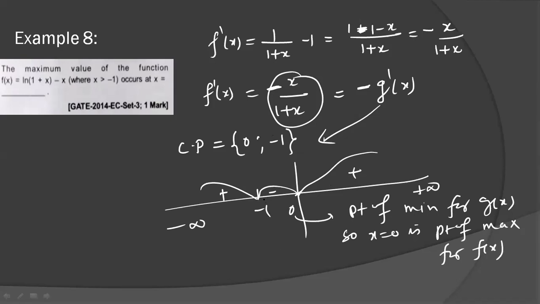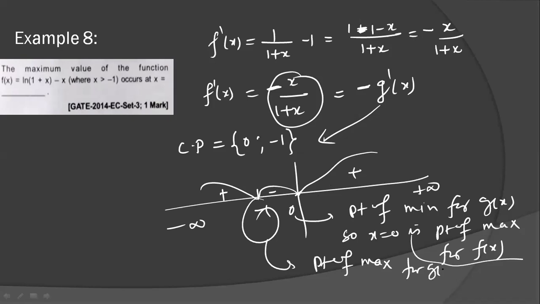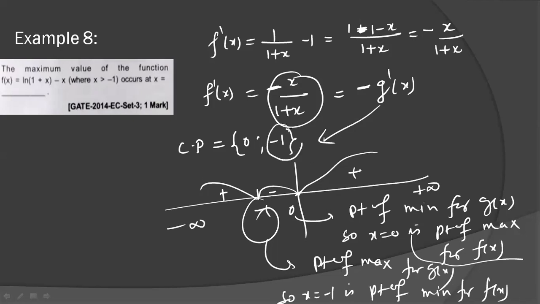I told you this remark. This minus 1 is the point of maxima for g x. So x equal to minus 1 is the point of minima for f x. But you can see that here x is not equal to minus 1. x is greater than minus 1. It means he is not checking at minus 1.